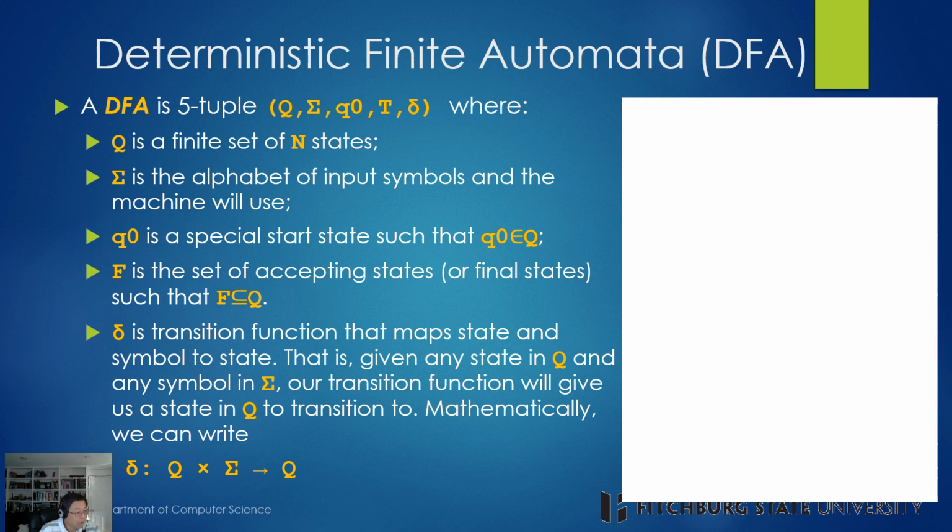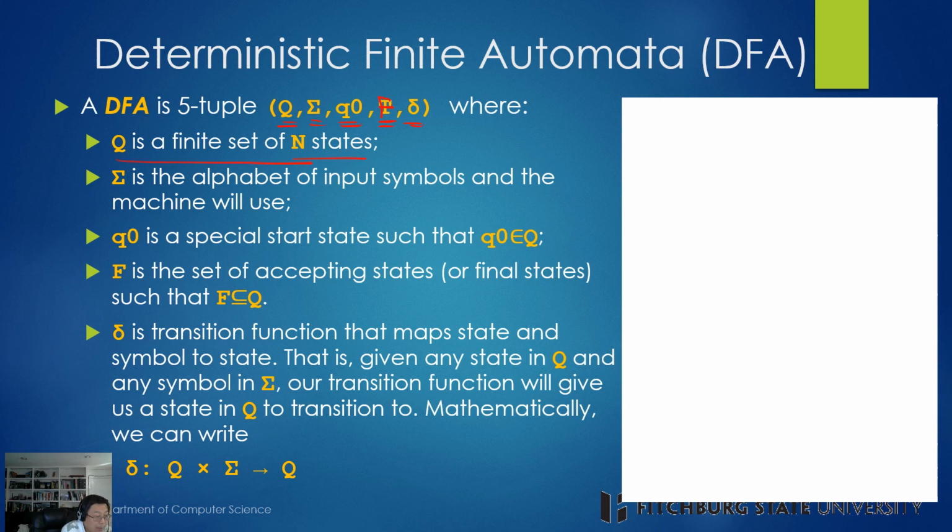Let's talk about deterministic finite automata, DFA. By definition, a DFA is a 5-tuple: Q, sigma, Q0, F, and the delta. Q is the finite set of n states.